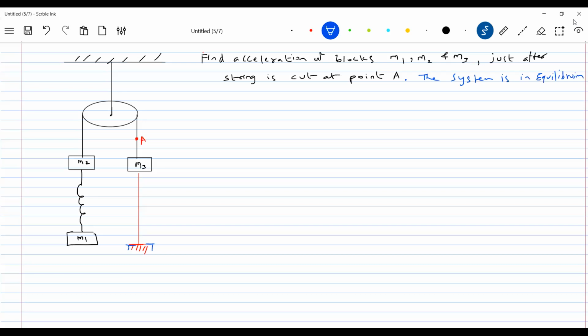Okay, now first, what are the forces that are acting? M1g. And what is the state of the spring? The spring will get elongated, so write kx, and this is M2g.